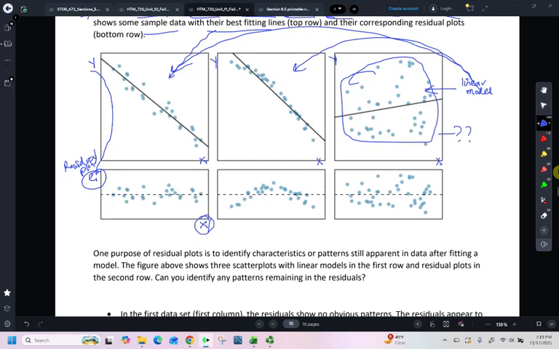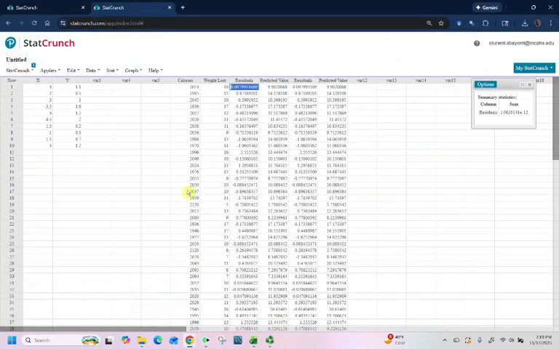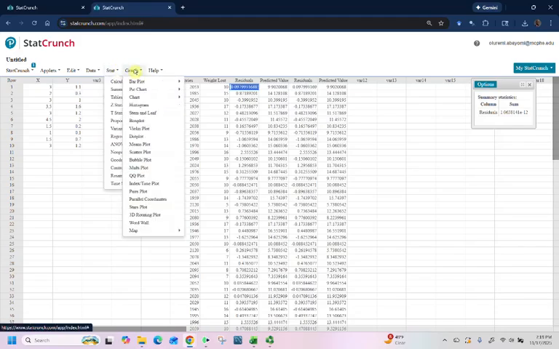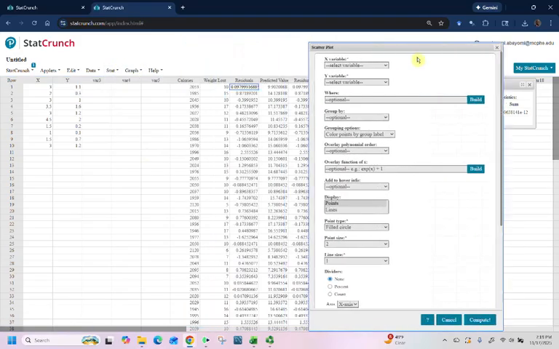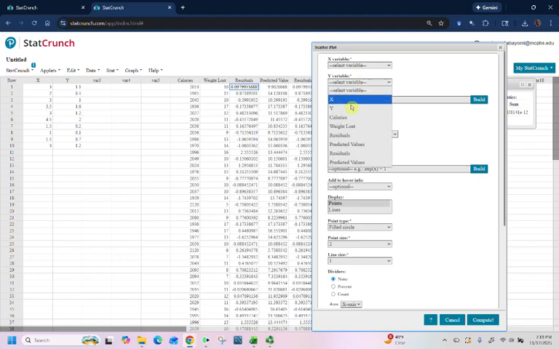And let us go to StatCrunch and plot the residual versus the calories. So I'm going to go to graph, and I want a scatter plot of the residuals on the y-axis versus x, the calories, on the x-axis.